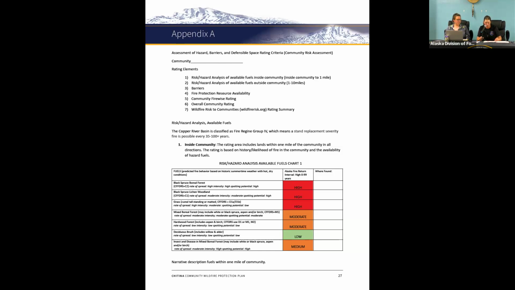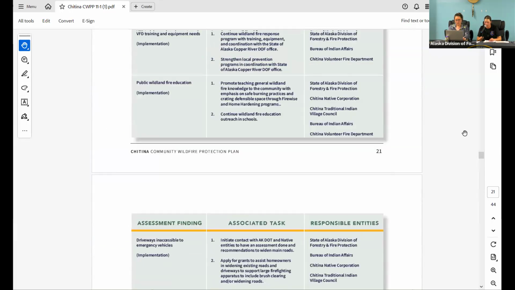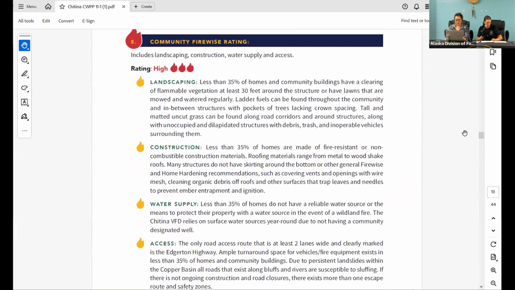And then the final thing on here is any sort of diseased or spruce bark beetle affected trees, and that would show as a more moderate hazard. So I'm going back now to the community risk assessment, and we're going to look at the first two components, the first one being fuels inside of the community.